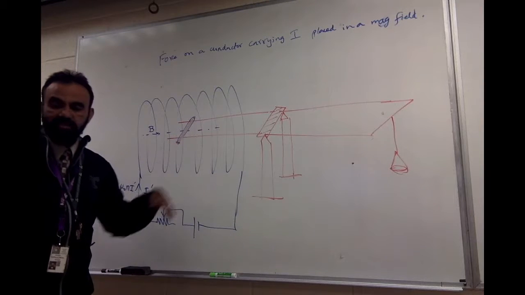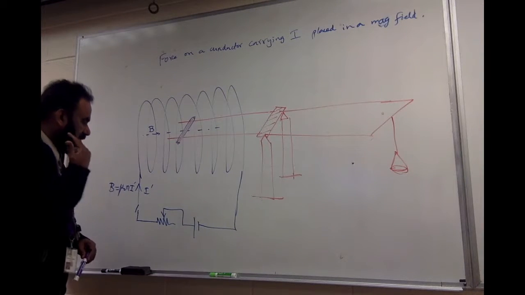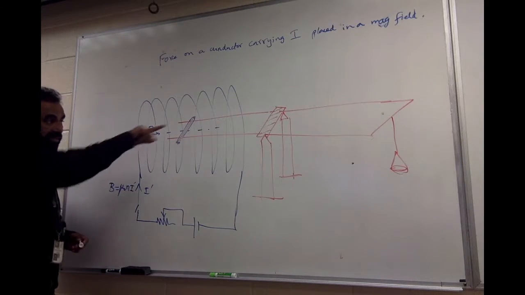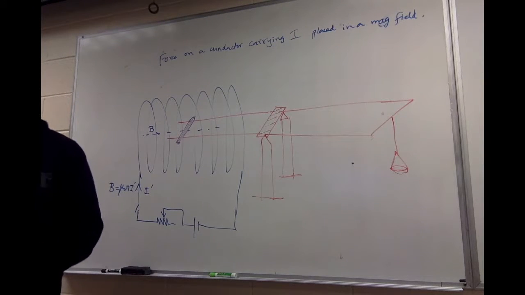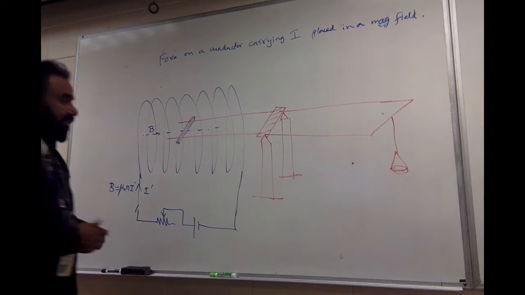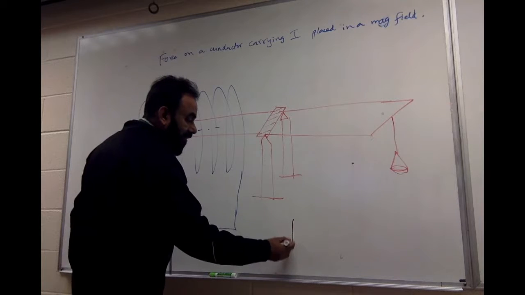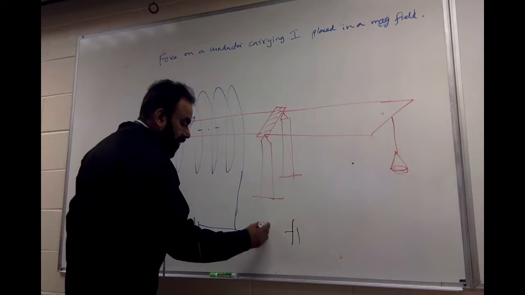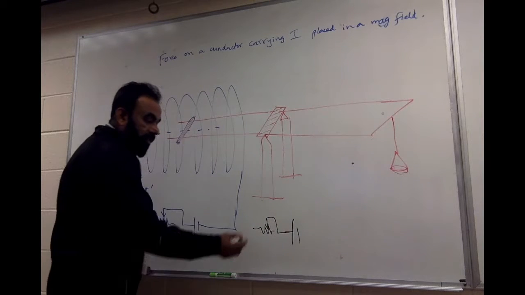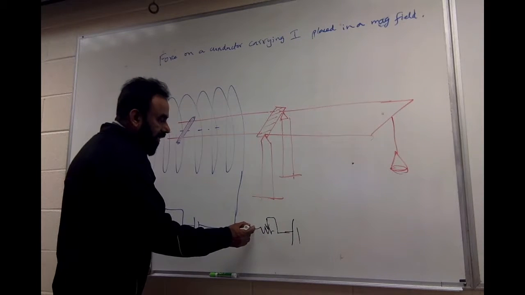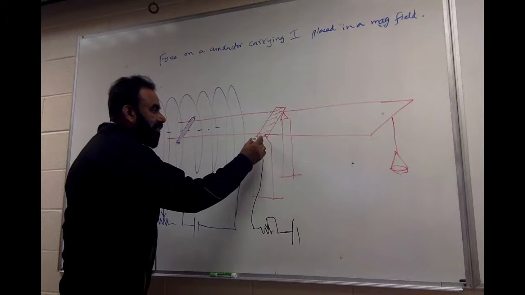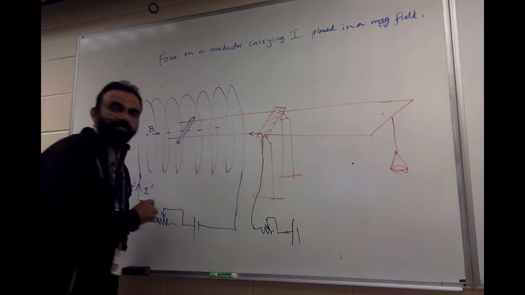So once it's balanced, we now need to turn this magnetic field on in that direction. And I'm going to send a current through it as well. So this current that I'm going to send is like that. That's a rheostat once again, so that it will control the current. And this current is going through this into here.